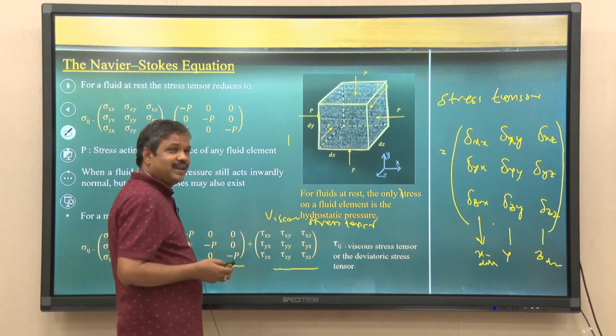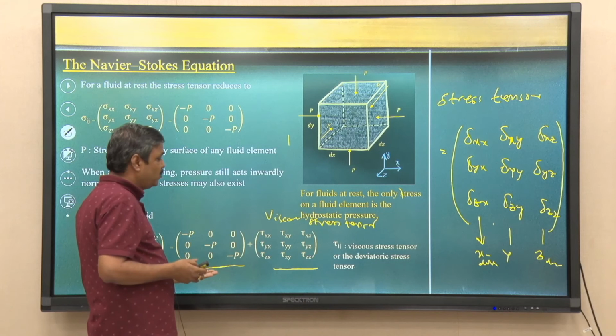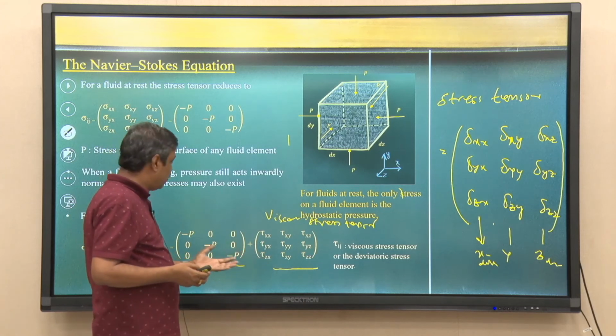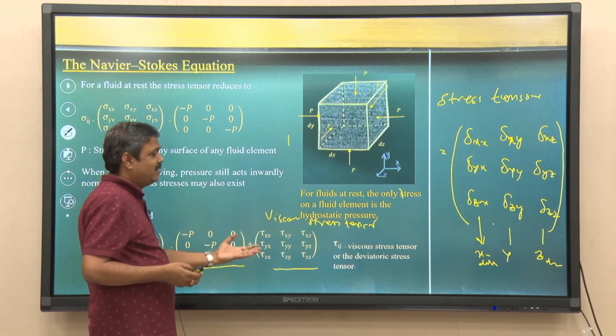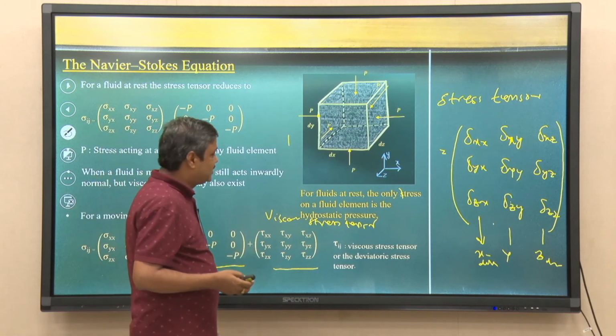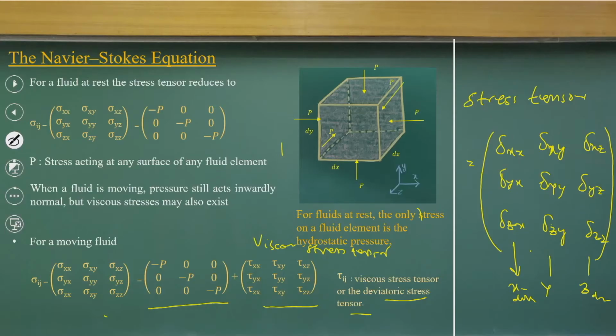In a very technical way, for a moving fluid, we divide the stress into two components. One is the pressure component and another is the viscous stress tensor, or deviatoric stress tensor. I am not going into more details, because you can look at detailed derivations in any advanced fluid mechanics book.